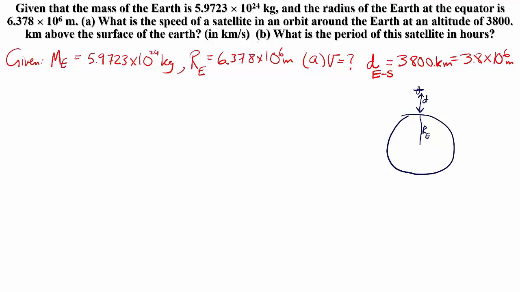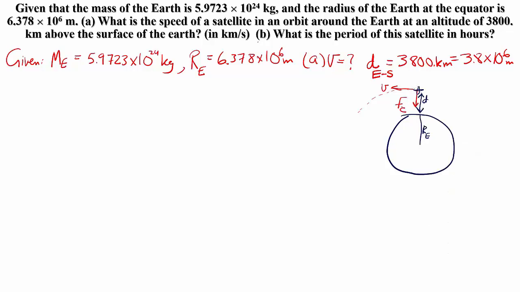You should know from your study that this satellite is in orbit around the Earth, and in order to be in orbit around the Earth, it has to be moving with a certain velocity v, and it has to be under the influence of a centripetal force downward.